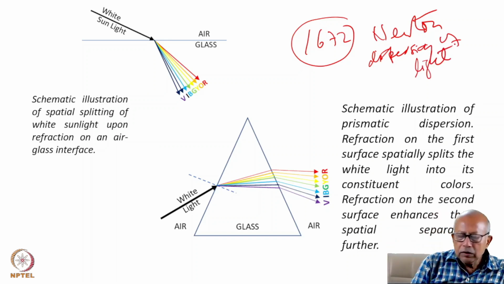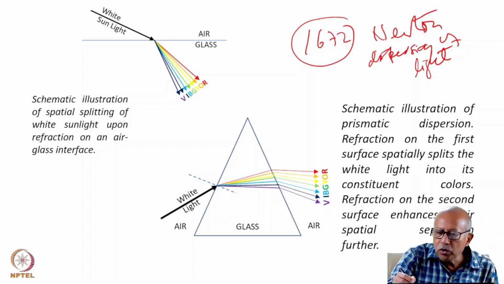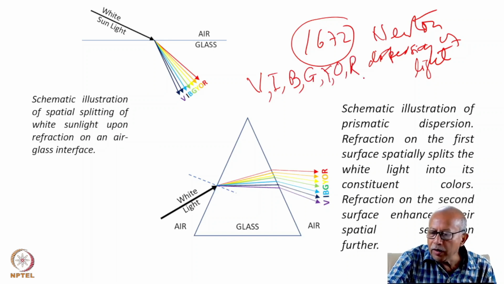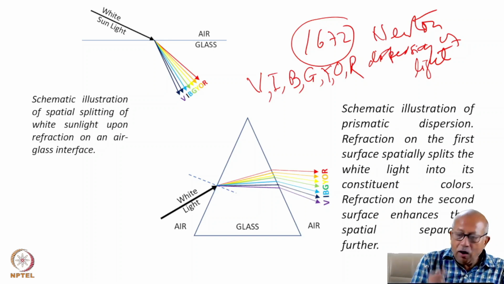He showed that sunlight is white and is made up of 7 colors, which are violet, indigo, blue, green, yellow, orange, and red. How did he prove that?